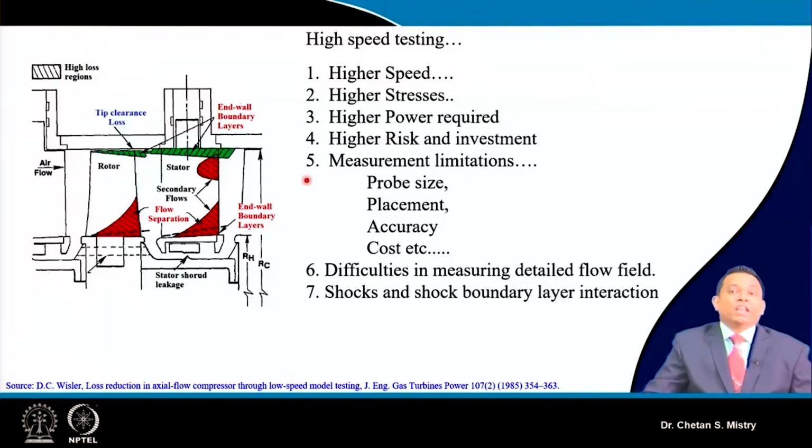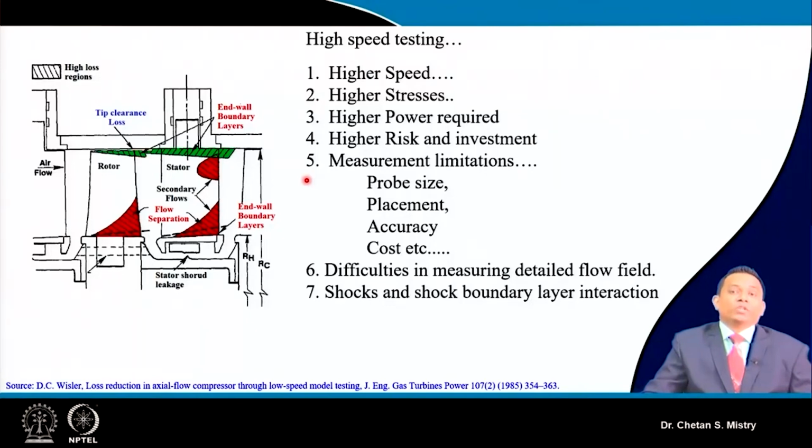Now the major challenge will be in measurements. In order to measure velocity components, pressure, and flow angles, we use probes, which may be multi-hole probes or hot wire probes.